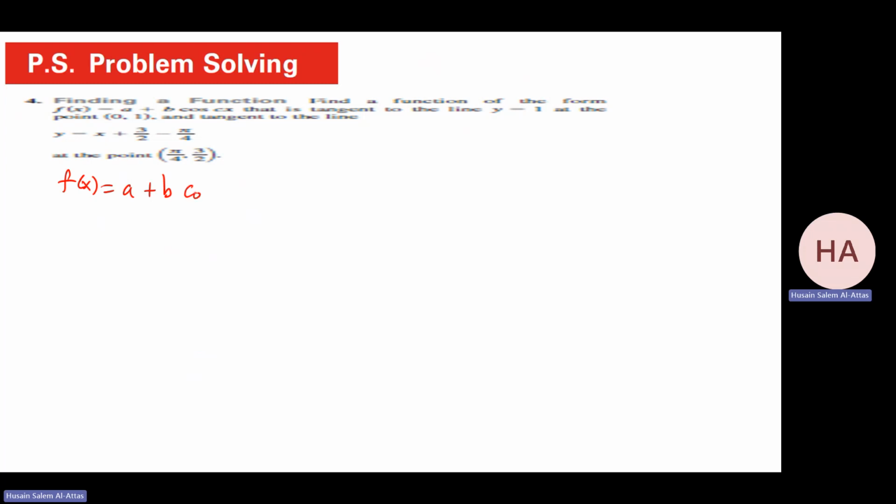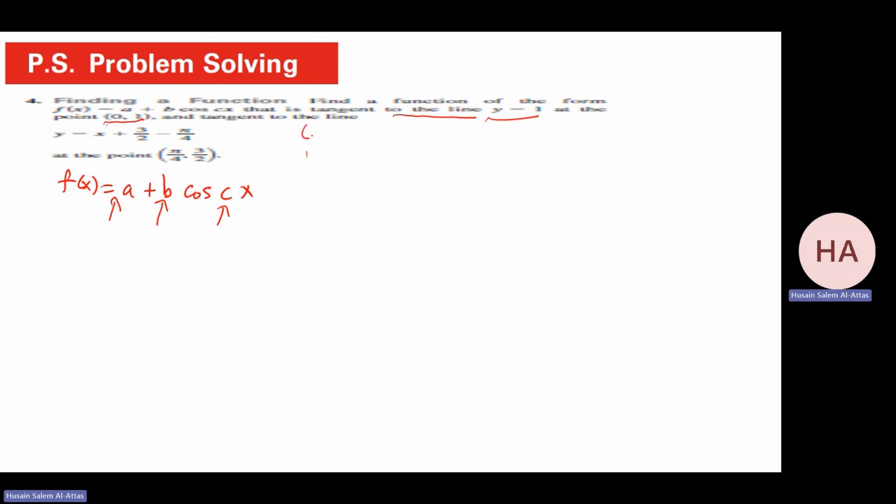A plus B cosine CX. So I need to find A, B, and C, so I need three equations. What he gave us is that it's tangent to the line y equal 1 at the point 0, 1.